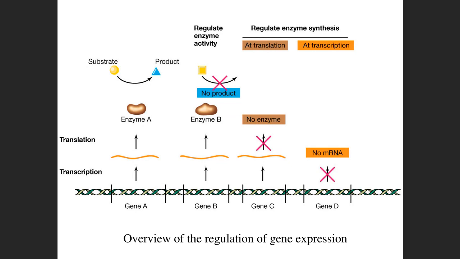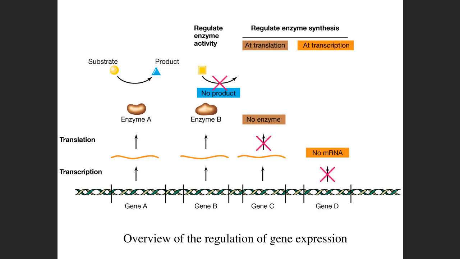But if you look at gene B, if we don't need genes B, C, and D, then what you can do is either block at the enzymatic level, so you have the enzyme, or you can block translation, or you can block transcription, right?